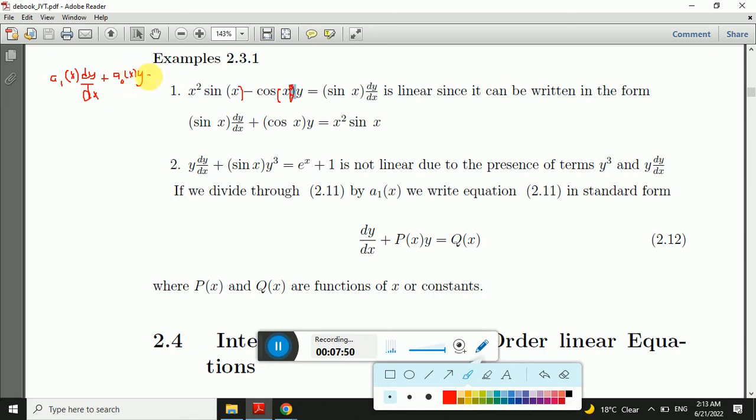Remember, this is the definition that we gave when we said a function is linear and first order, equaling b of x. How can we write this?